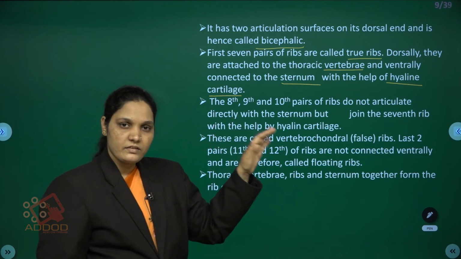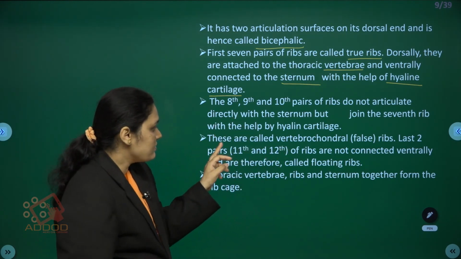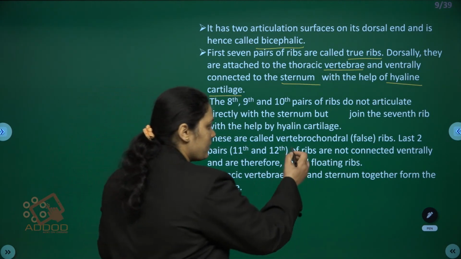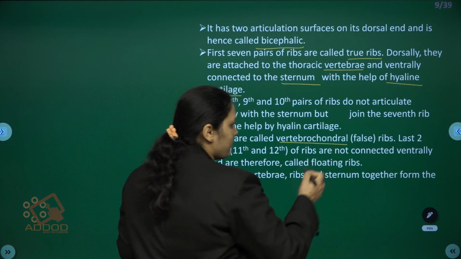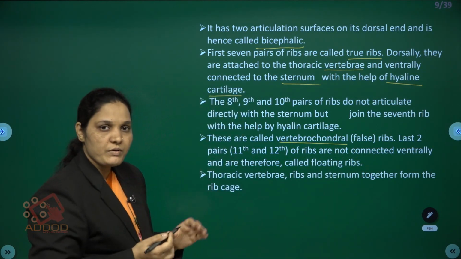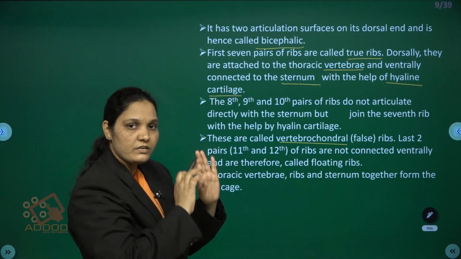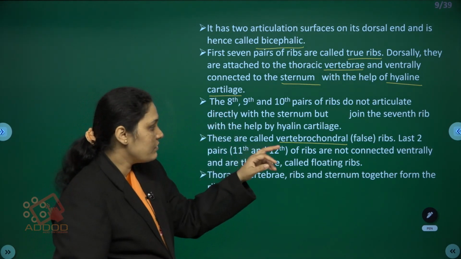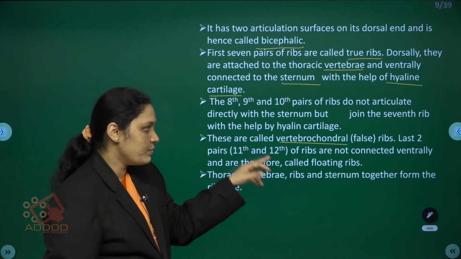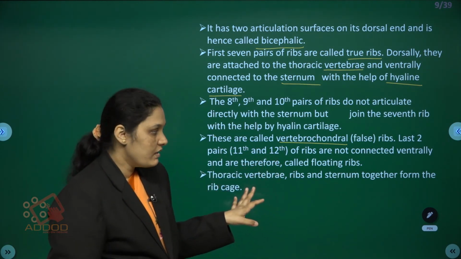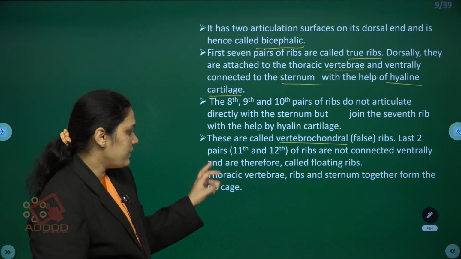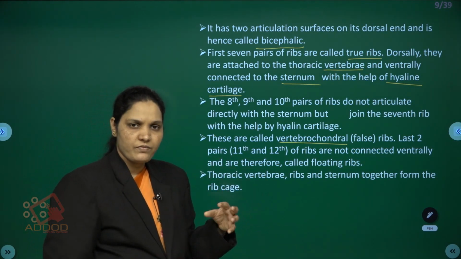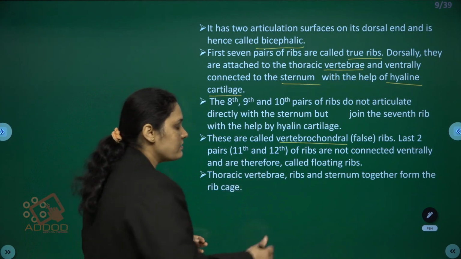These are also called vertebrochondral, meaning false. The first 7 are true, because they are connected ventrally to the sternum. The last 2 pairs, 11th and 12th, are not connected ventrally, as we discussed. They are loose, like free, and that is why they are called floating ribs.